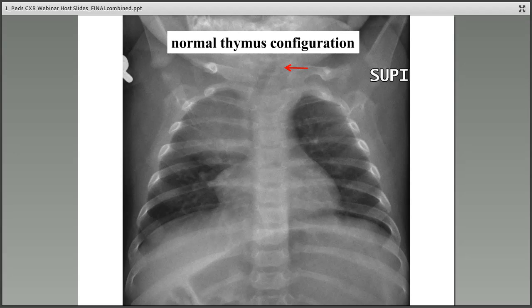Now, it's difficult to obtain a full inspiratory effort in an infant, as they cannot follow instruction. Often the chest radiographs that we obtain in an infant are with low lung volumes. When that happens, the trachea is elevated and buckled to the right.